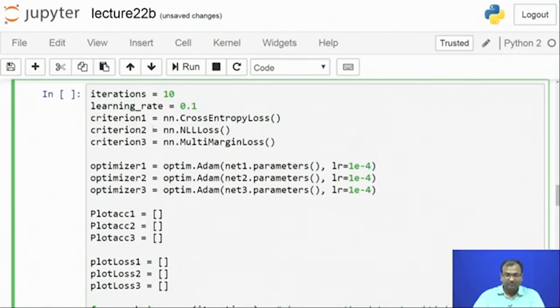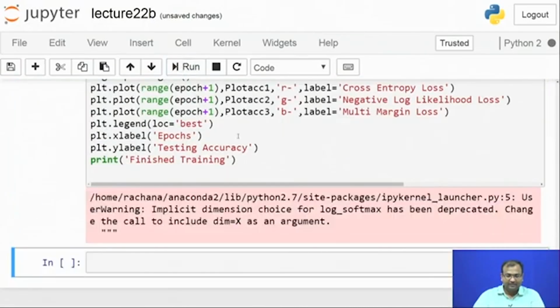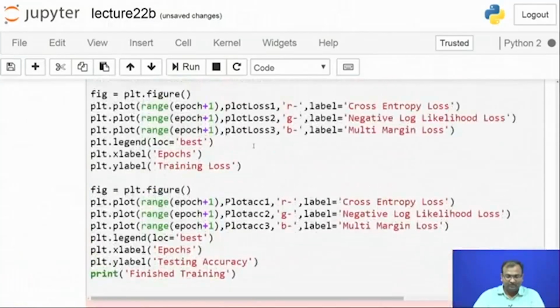One cost function is cross entropy loss, another is negative log likelihood loss, and the other is a multi margin loss criterion. Now I can just set this one running.